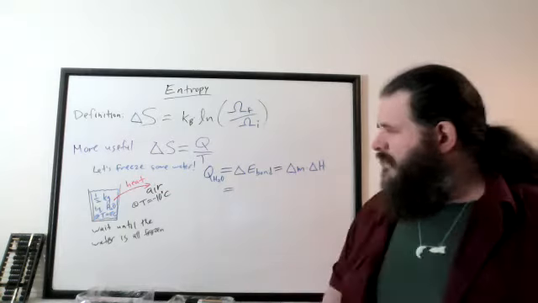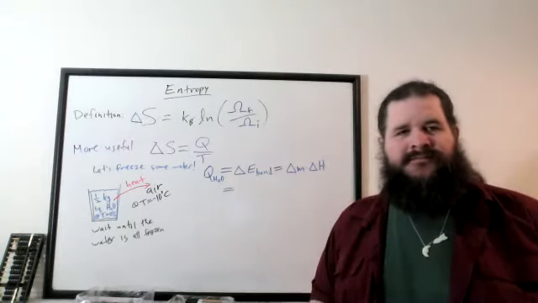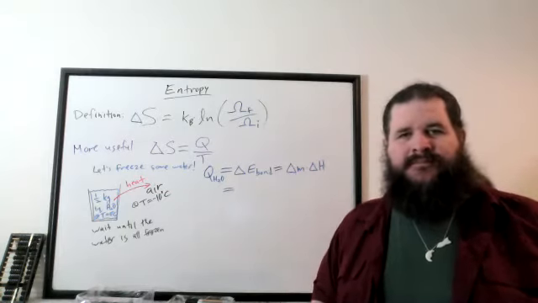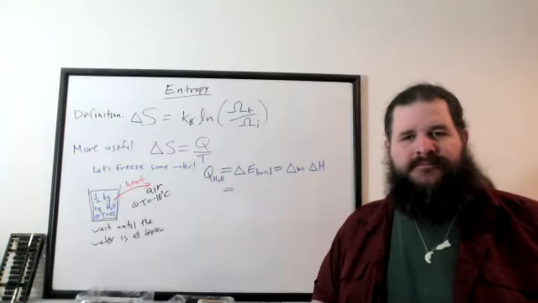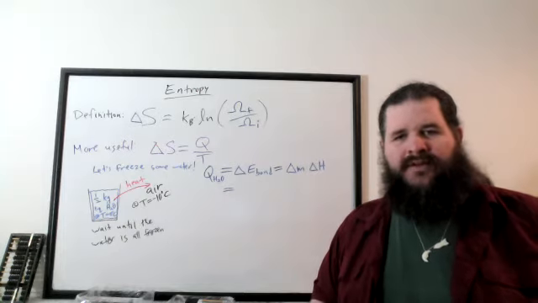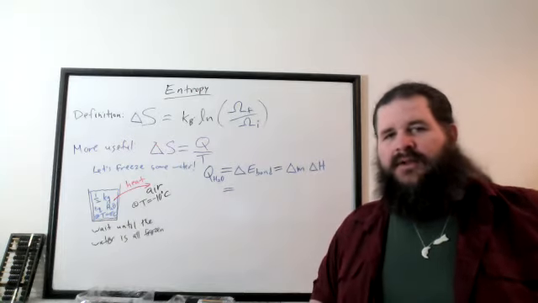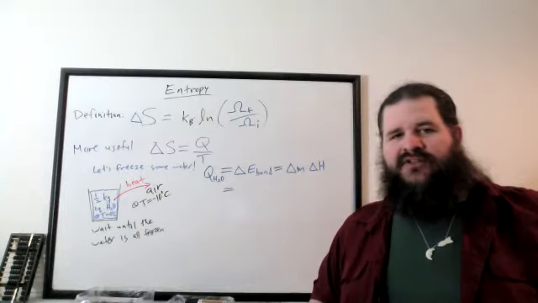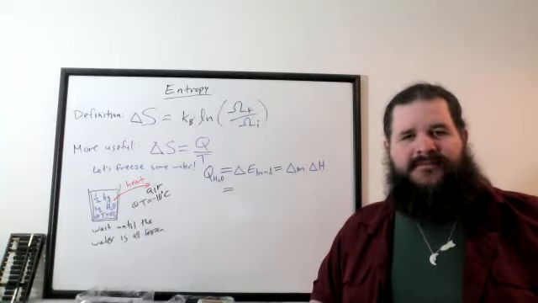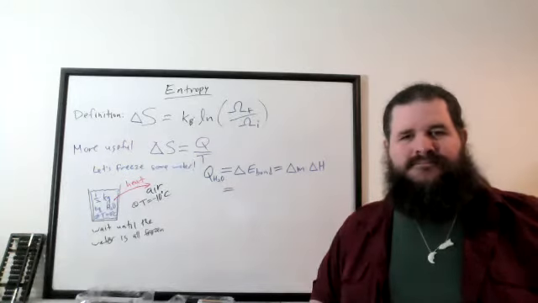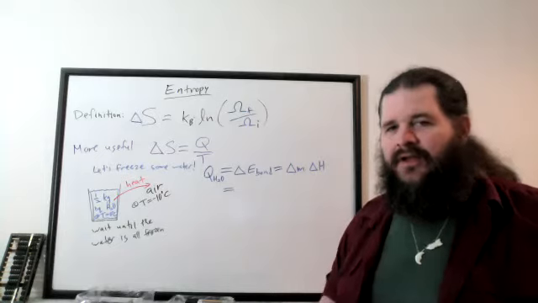And what would we write for delta M here? 0.5 kilograms. One thing we've got to be careful about though, which direction is this changing? Is this changing from solid to liquid or liquid to solid? Yeah, this is going from liquid to solid.